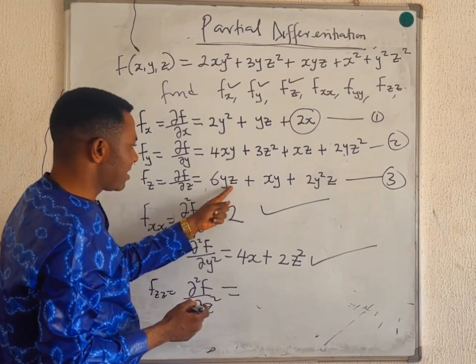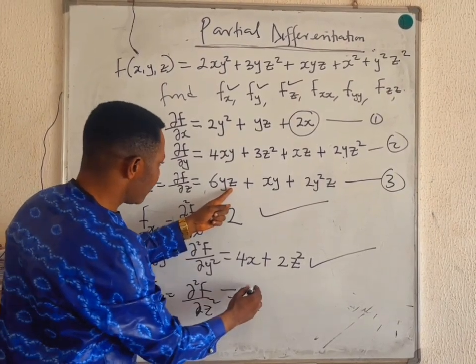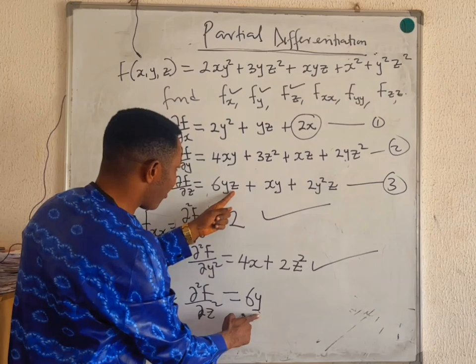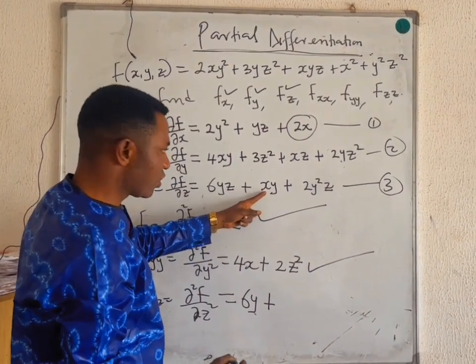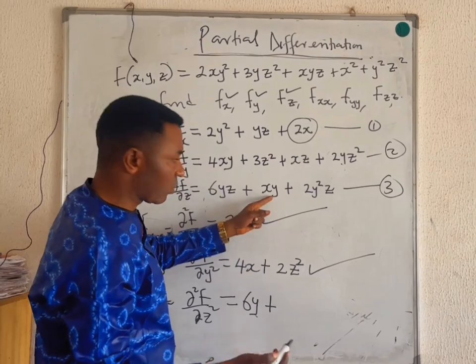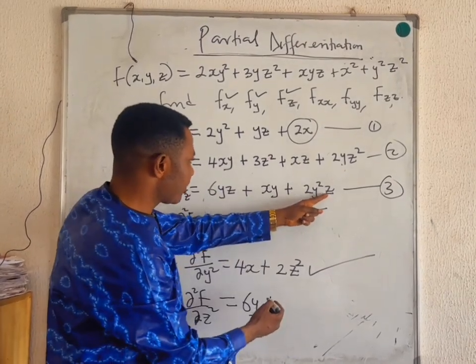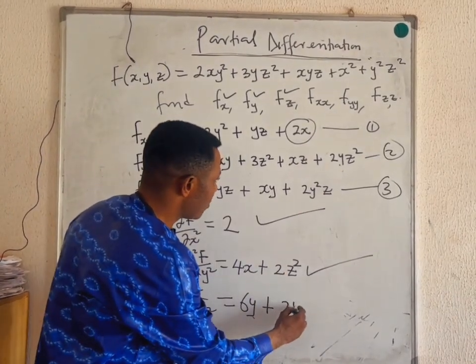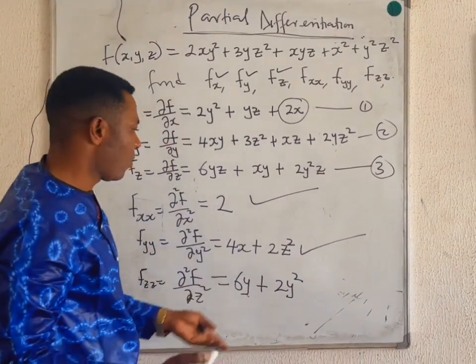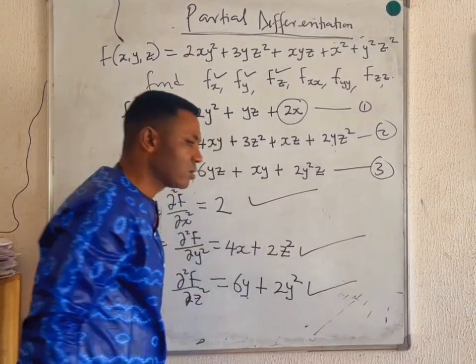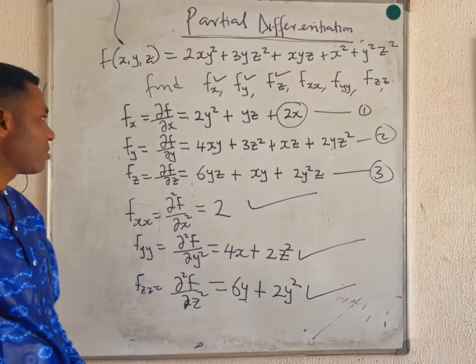Anywhere you see z, look at z here. Differentiating this z, you have 1, so you have 6y. Plus here there is no z, so we should not differentiate it, we leave it because it will be 0. But here there is z, so when you differentiate z, you have 1. So we have 2y squared. We are also good to go. I believe this is very, very simple. Thank you.